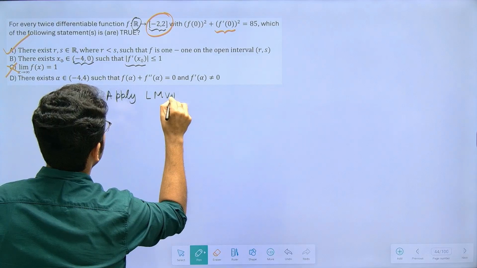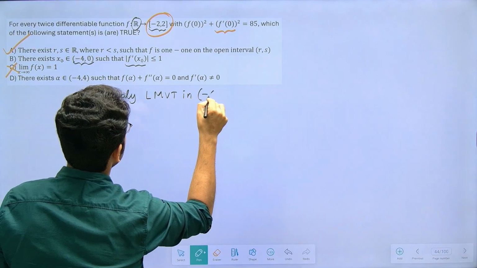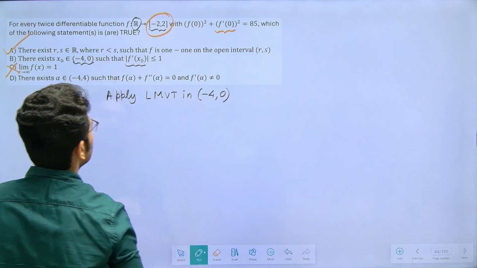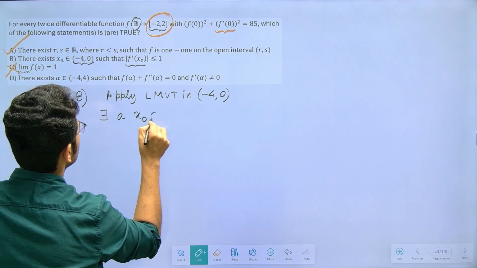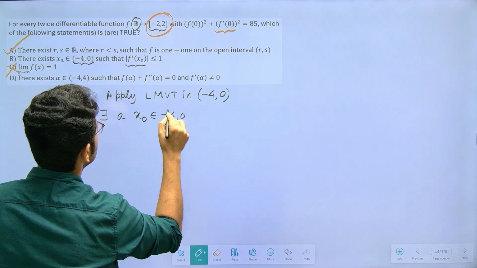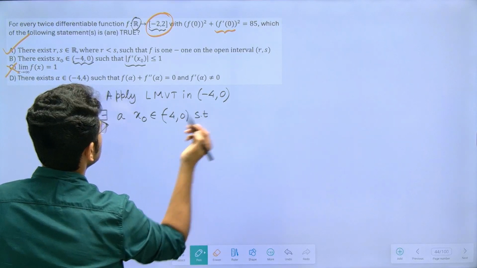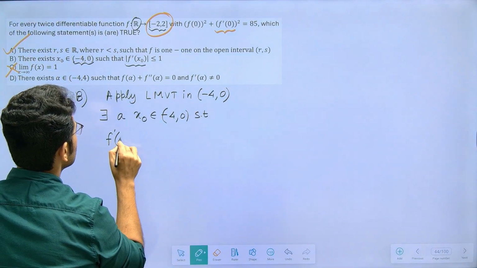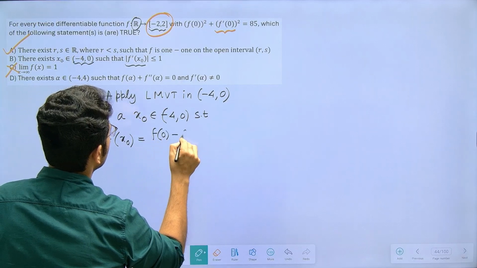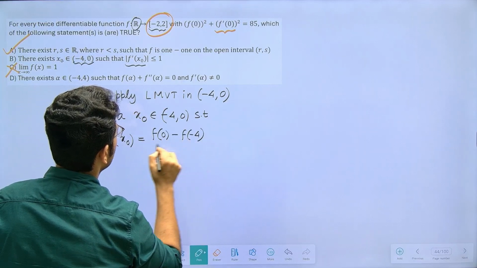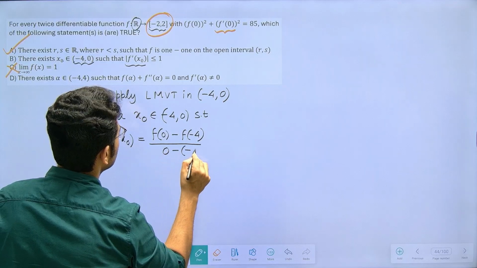applying Lagrange's mean value theorem in the interval minus 4 comma 0, we can say that there exists an x naught between minus 4 comma 0 such that f dash x naught is equal to f of 0 minus f of minus 4 divided by 0 minus minus 4.